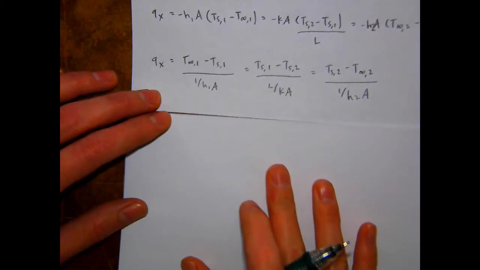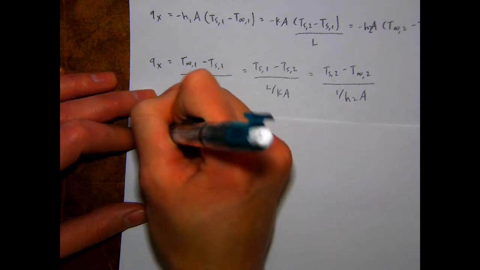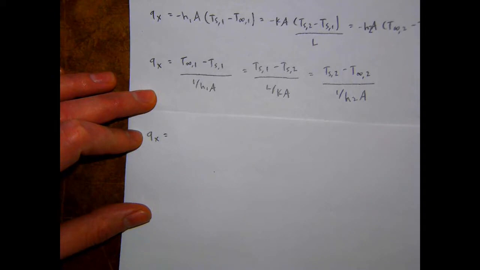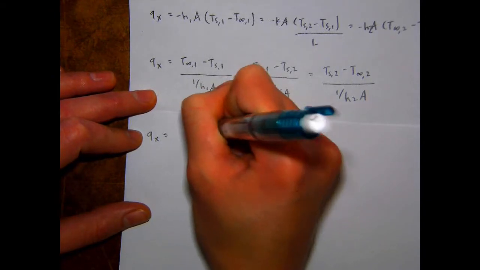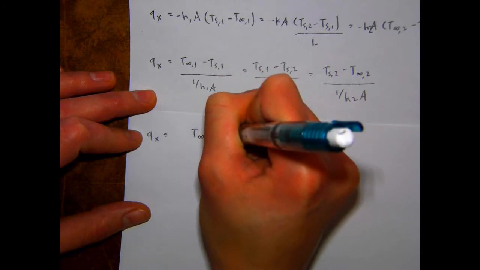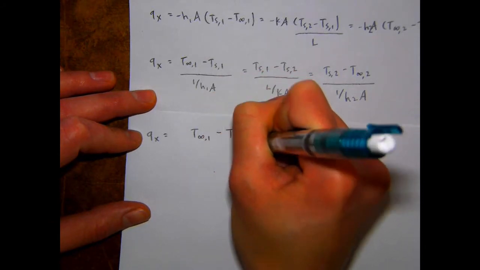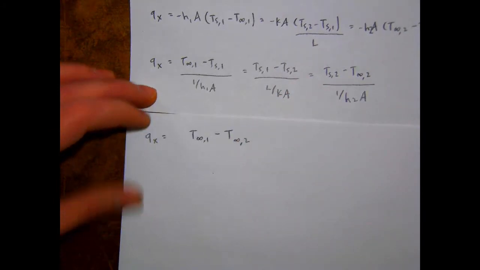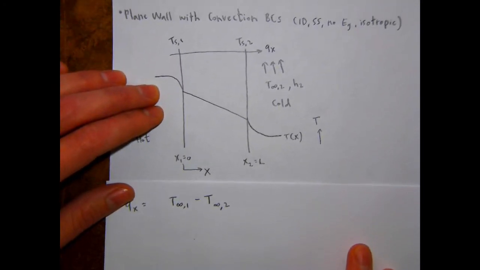Okay, so like on the homework, this is equivalent to, I'm not going to go through the algebra because you all did it on your homework and proved it to yourselves. But this is just equal to the total temperature difference, T infinity 1 minus T infinity 2, just underneath the picture here so we can look at the picture.